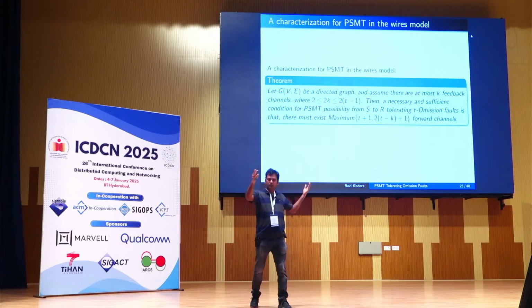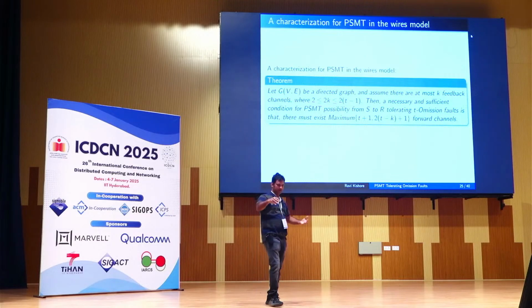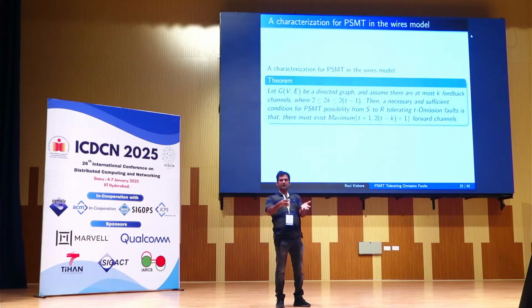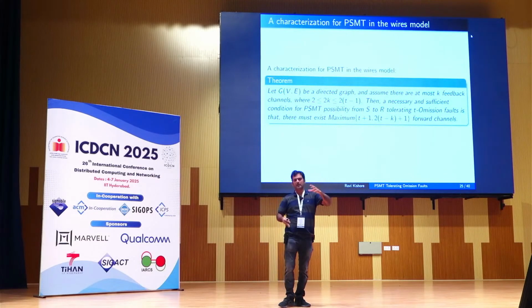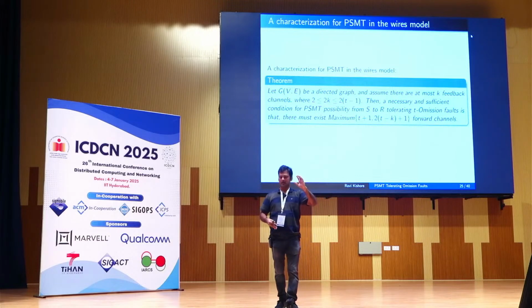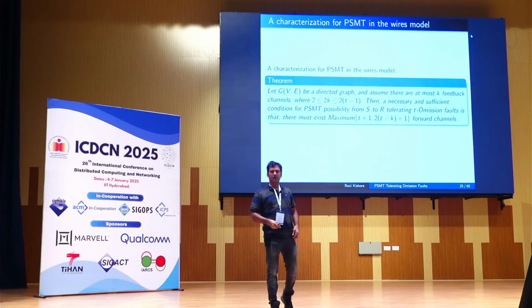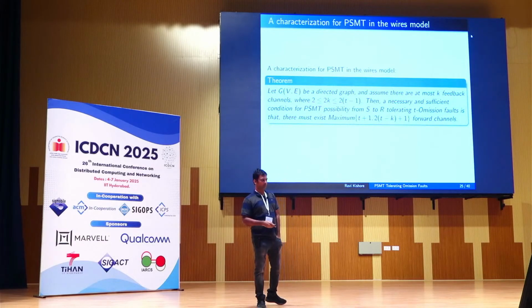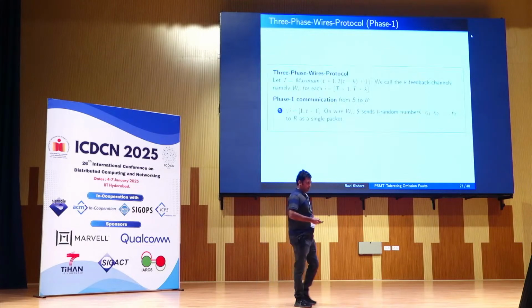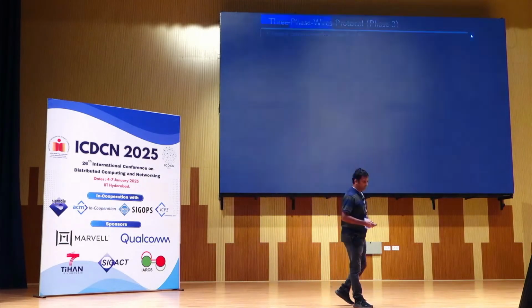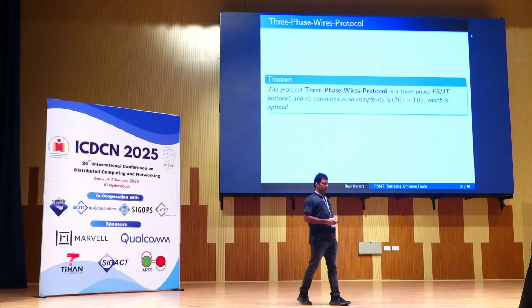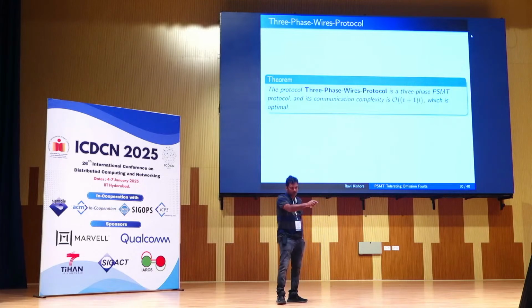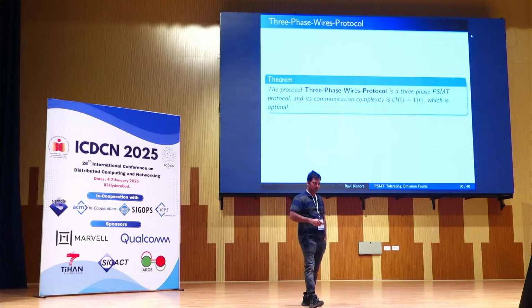So now the sender throws those k away and is left with T minus K. Now it simply runs the single phase protocol because there exist 2T minus k plus 1 paths. So here also we are able to design an optimal protocol.